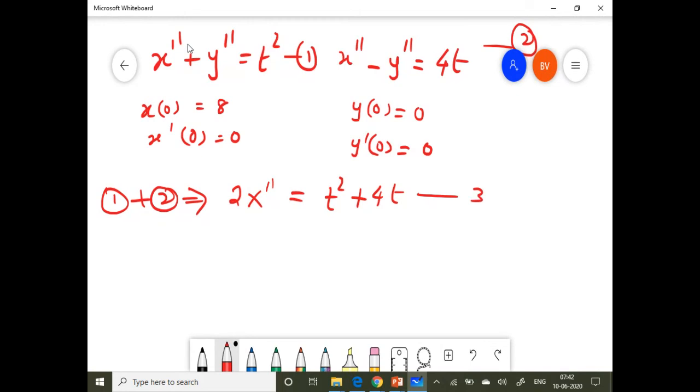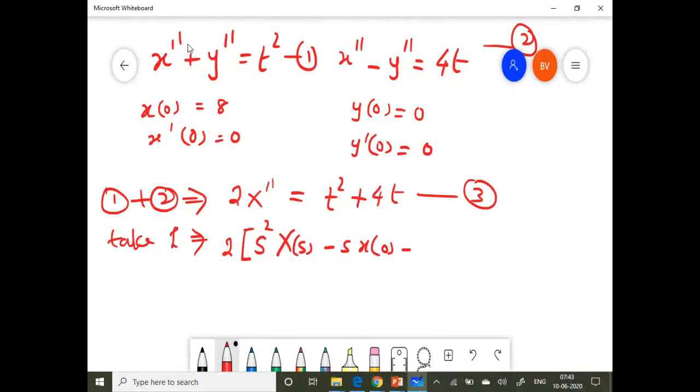This is now the third equation. Take Laplace transform. Laplace of second derivative. 2 is constant. S square x of s minus s times x of 0 minus x prime of 0, just like y.